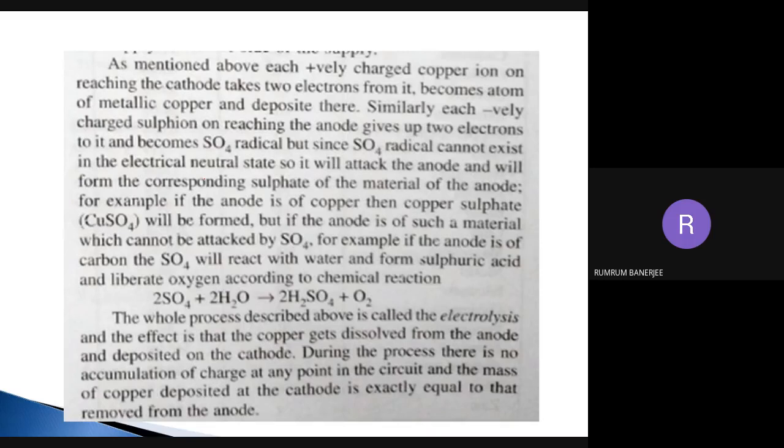The whole process described above is called electrolysis, and the effect is that the copper gets dissolved from the anode and deposited on the cathode. During the process, there is no accumulation of charge at any point in the circuit. The copper deposited at the cathode is exactly equal to that removed from the anode. So the materials which we use as anode and electrolyte are very important for depositing of the metals.